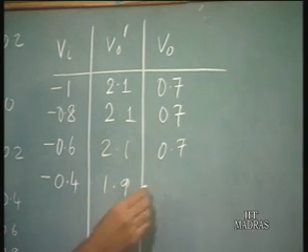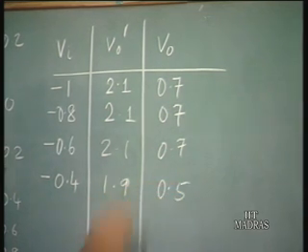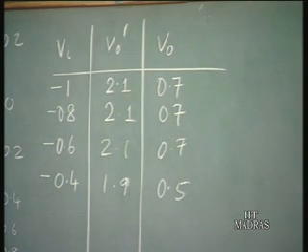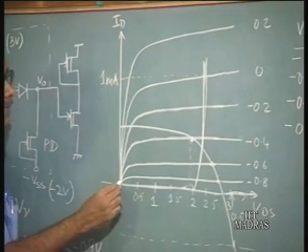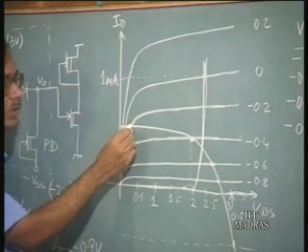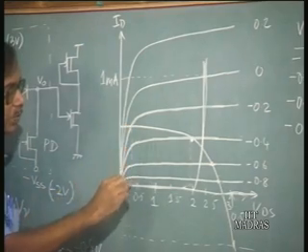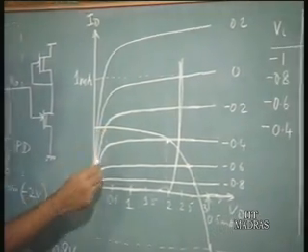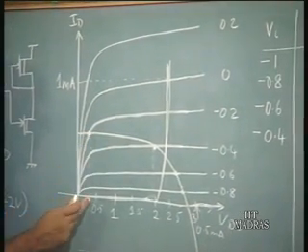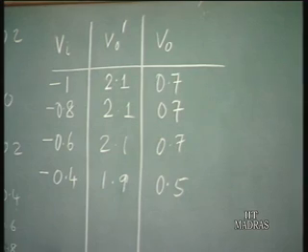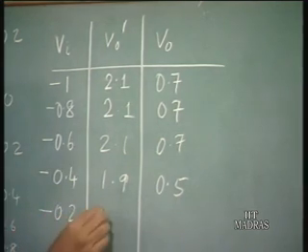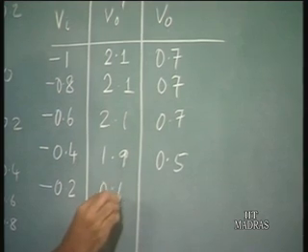So, the output voltage actually falls to 0.5 volts here. Again, if we take the next curve, that is minus 0.2 volts, we find that the output voltage has dropped significantly. The point of intersection is now here, which for minus 0.2 volts is going to be around 0.4 volts.